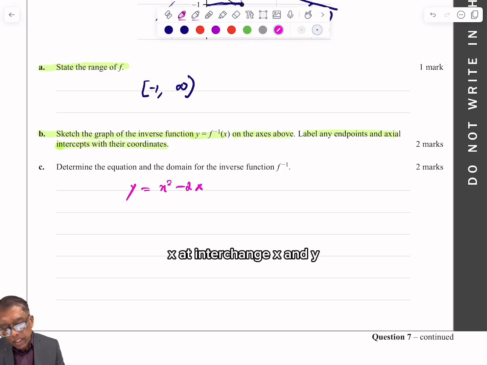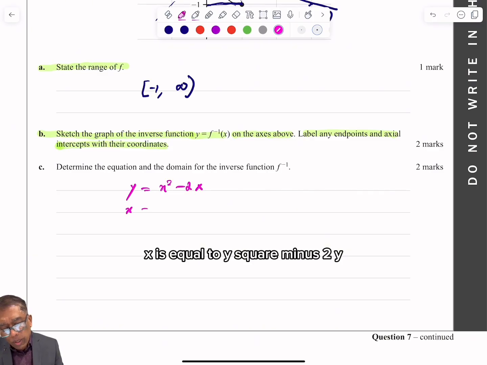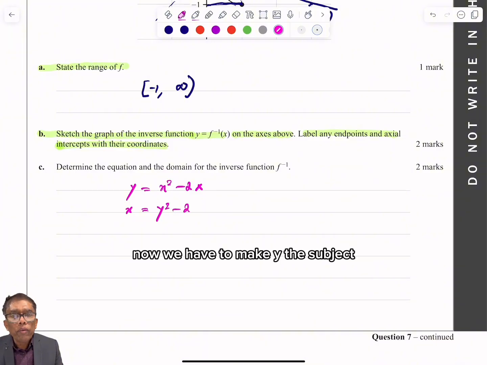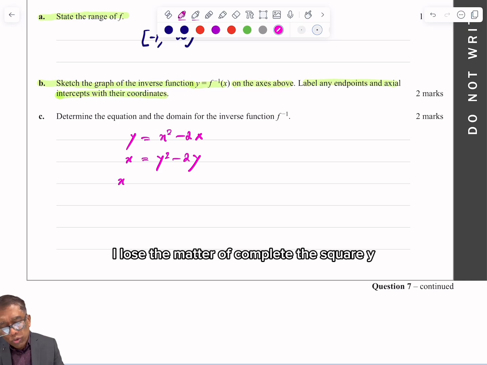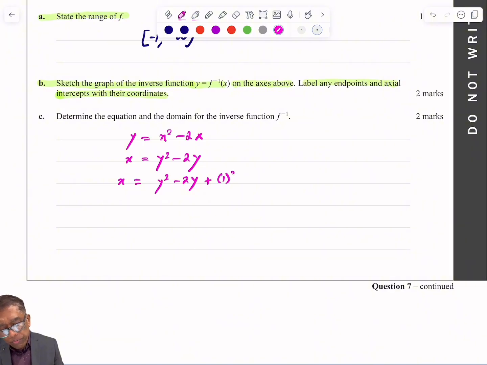Okay. Now the given function is y equals x squared minus 2x. We have to interchange x and y: x equals y squared minus 2y. Now we have to make y the subject. To make y the subject, I'll use the method of completing the square. Y squared minus 2y plus 1 squared minus 1 squared.